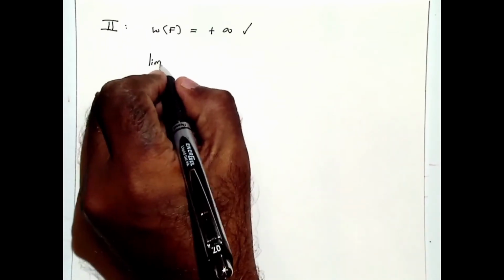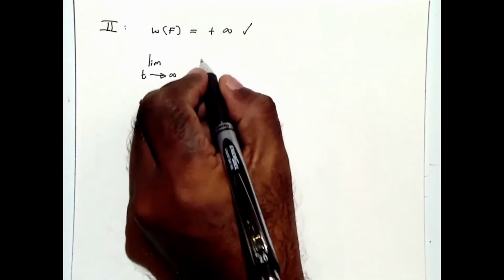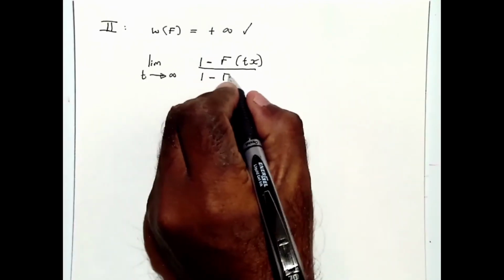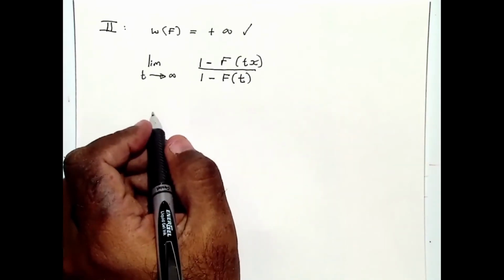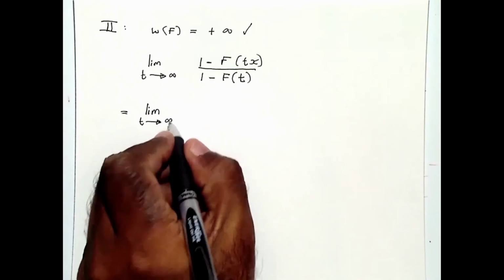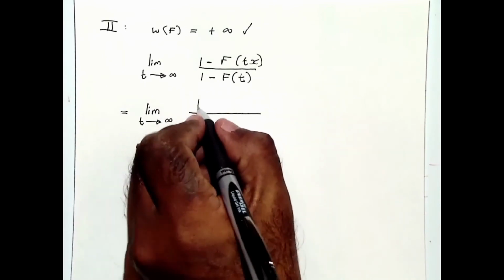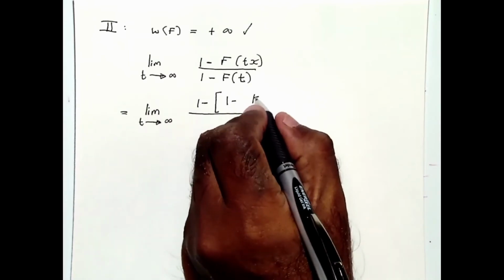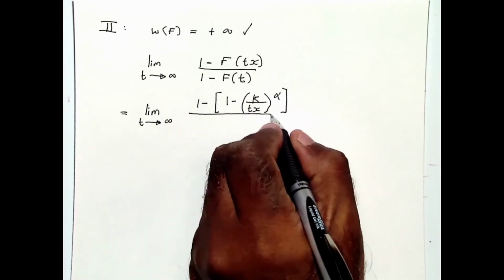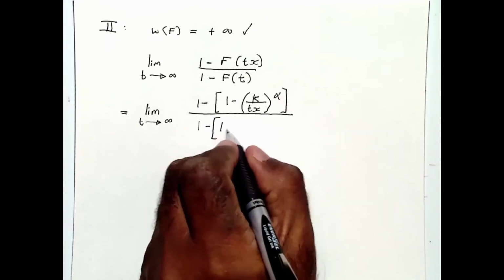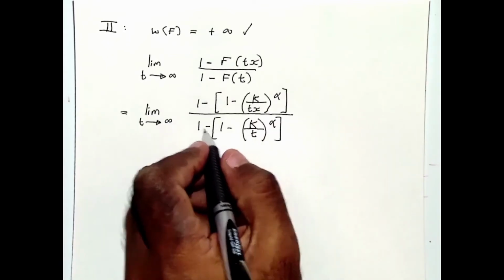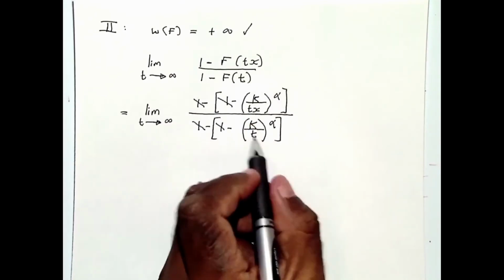So we're looking at the limit as t approaches infinity of this, and this is equal to the limit, once again the 1s cancel out and the k's also cancel out.